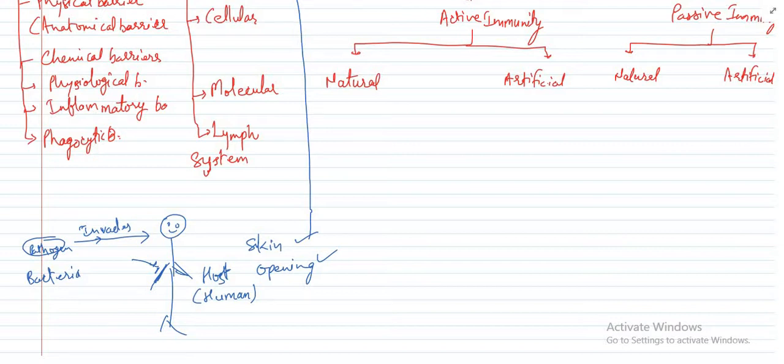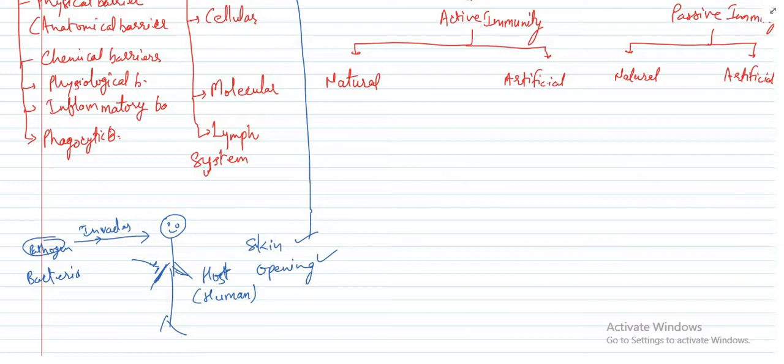Like suppose bacteria is entering through the mouth, and then we encounter saliva, which is secreted by our salivary glands, and saliva contains an enzyme that is lysozyme. This lysozyme can kill the bacteria, can block the growth of pathogens, right? So it is very common.